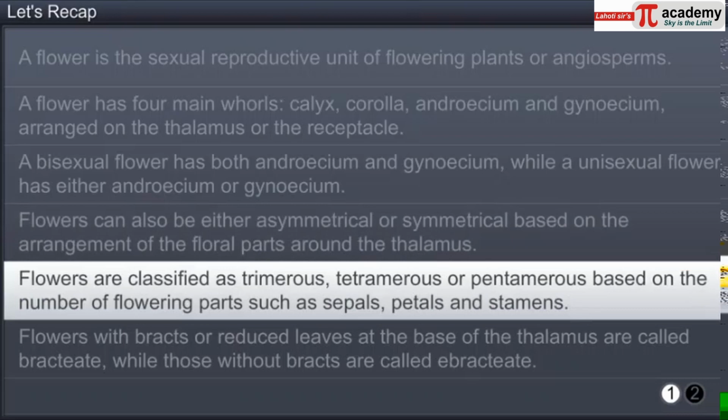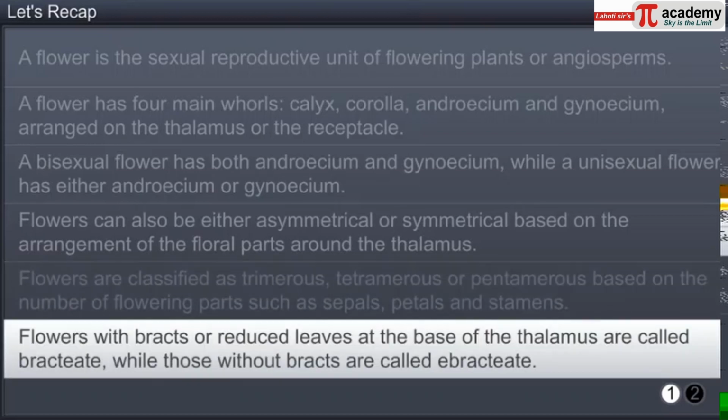Flowers are classified as trimerous, tetramerous, or pentamerous based on the number of flowering parts such as sepals, petals, and stamens. Flowers with bracts or reduced leaves at the base of the thalamus are called bracteate, while those without bracts are called ebracteate.